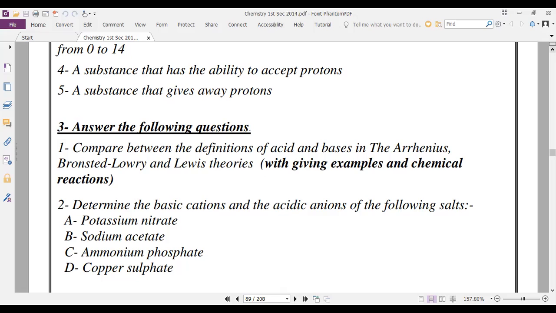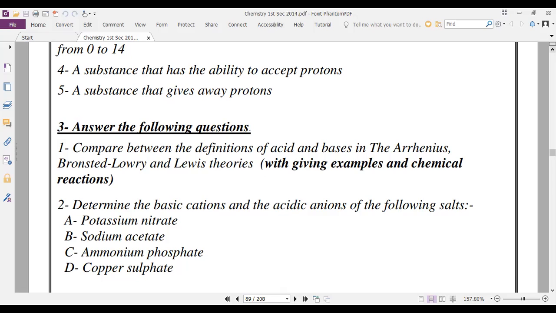Ammonium phosphate? NH4, PO4. Okay, only? There is a 3, like a bracket NH4, then another bracket 3PO4, because the phosphate group is trivalent.